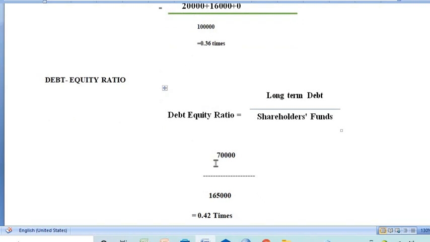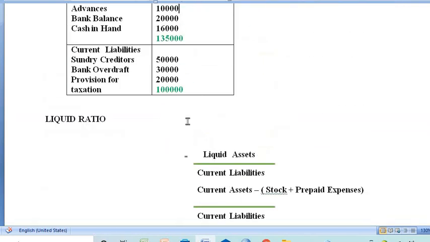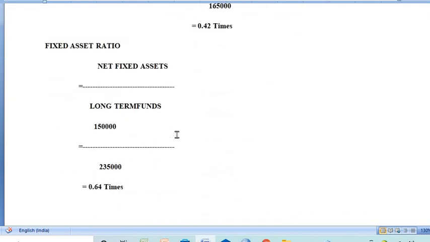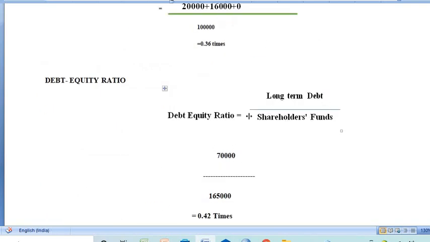The next I am going to compute is the debt equity ratio. The debt equity ratio is long term debt divided by shareholder fund. I am going to find the data from the liability side of the balance sheet. On the liability side they are given the non-current liability, that is long-term liability, and under it only the secured loan, 70,000, which I am substituting in the numerator. It is divided by shareholder fund.